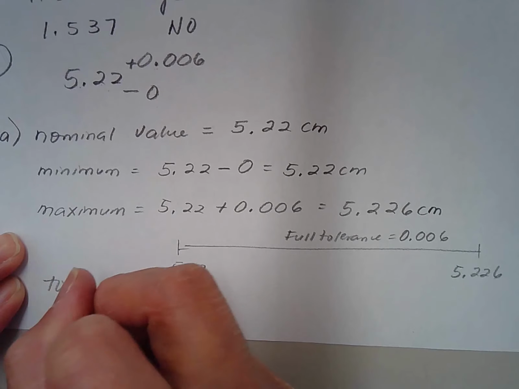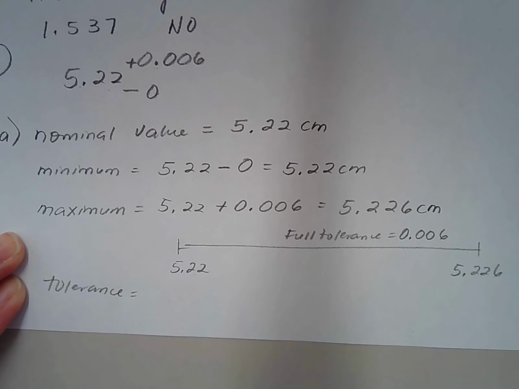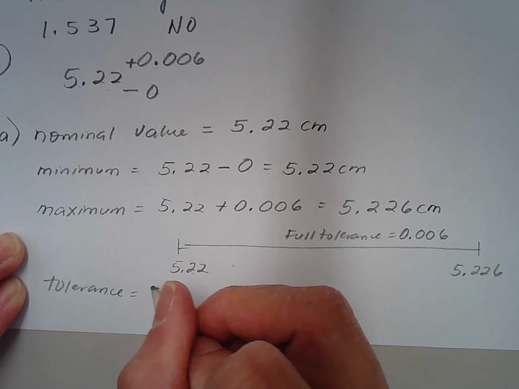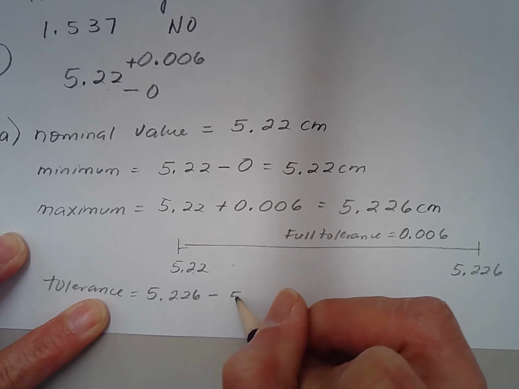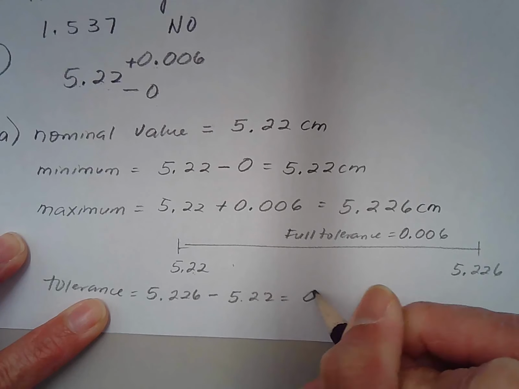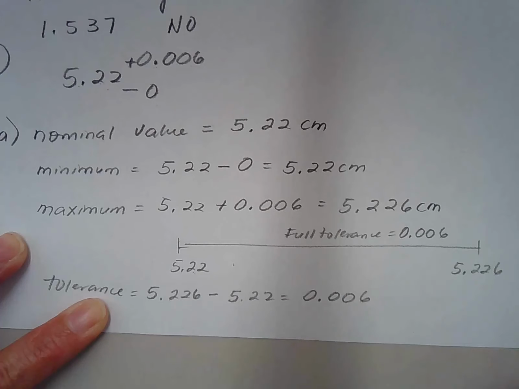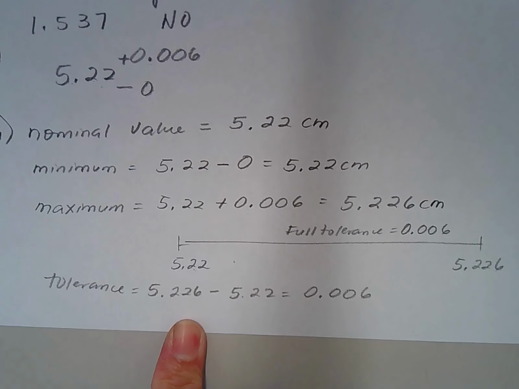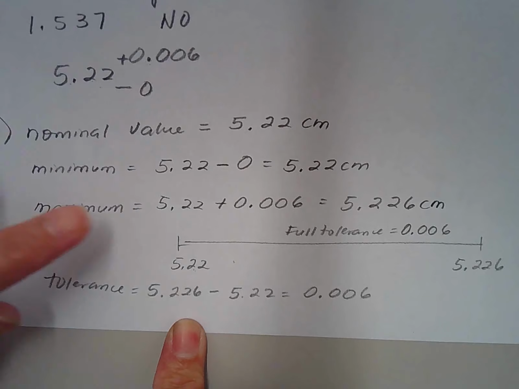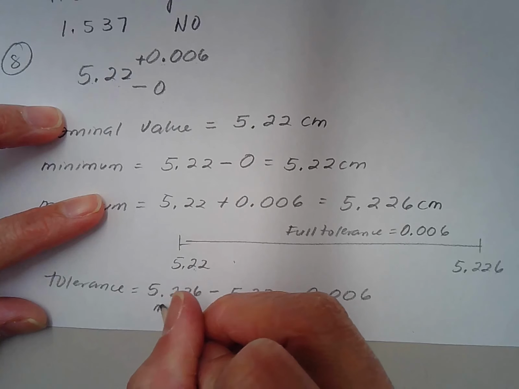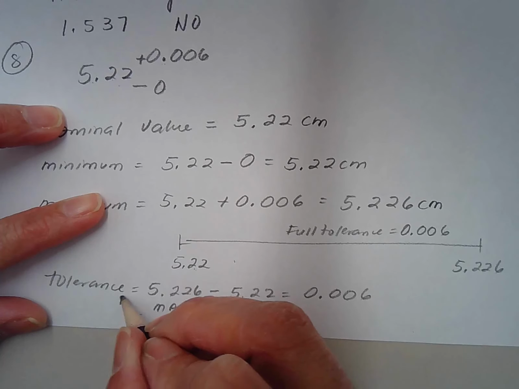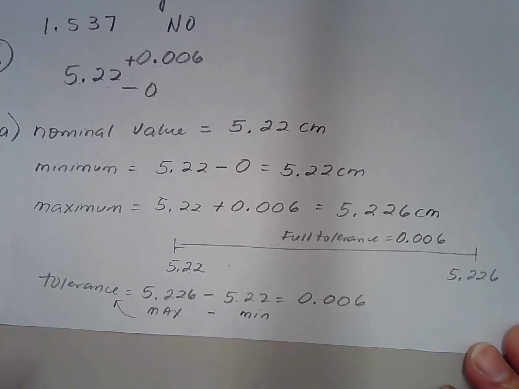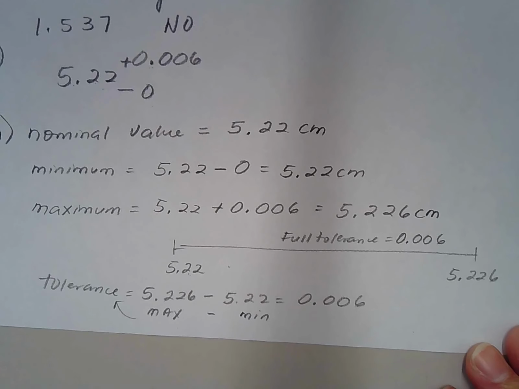So tolerance, okay, what's the difference between these two? Maximum 5.226 minus 5.22, 0.006. So if you want to put this on a formula sheet, the tolerance is maximum minus minimum.